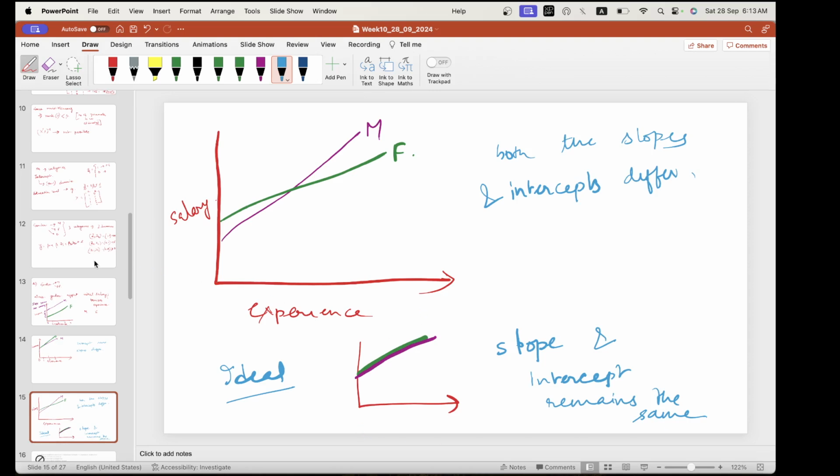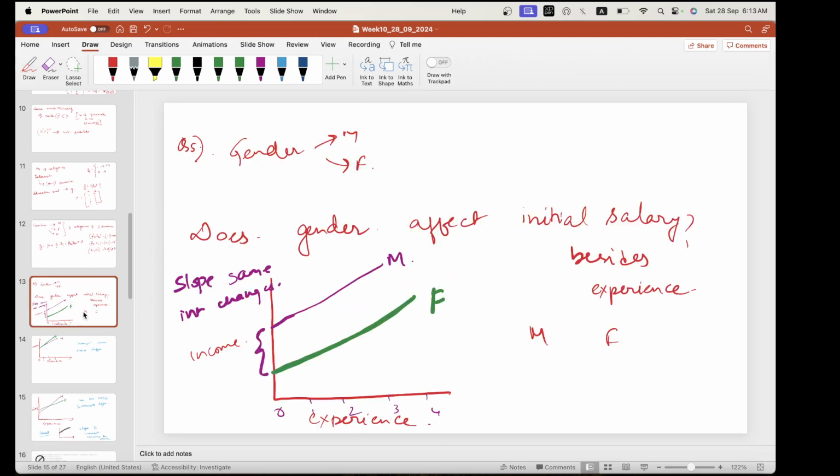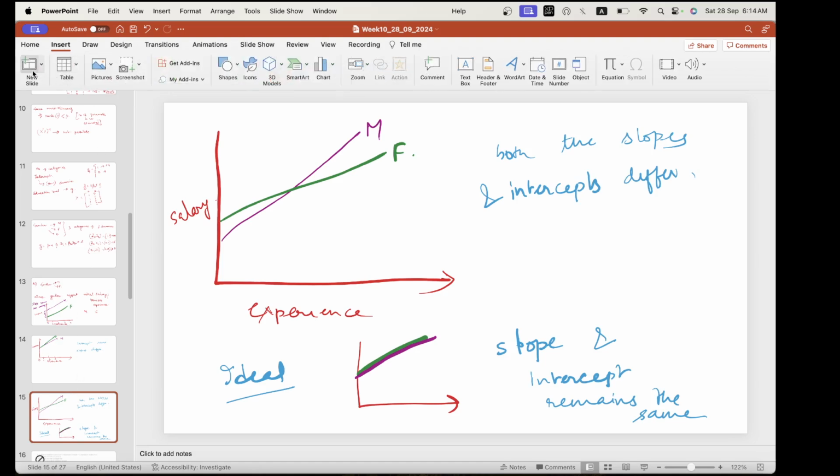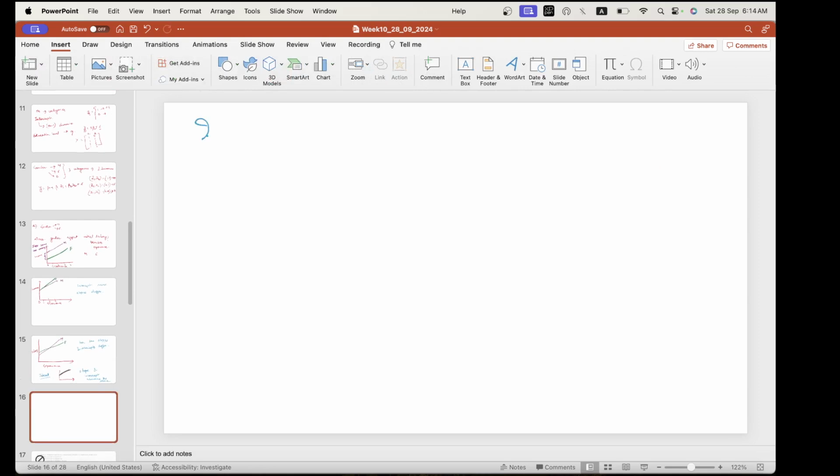Okay, so these four cases that arise, if we have to model these four cases, we have to use interaction with dummy variables. So how do we do that? How can we model interactions with dummy variables?